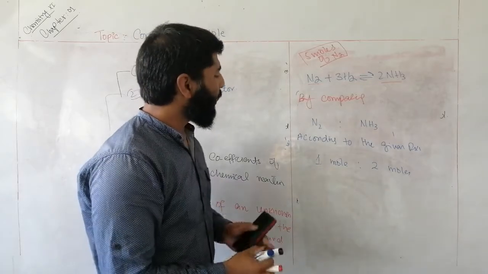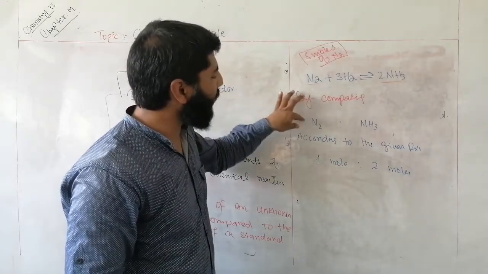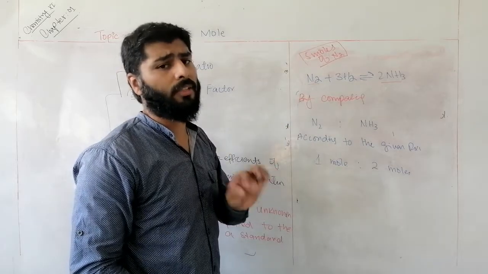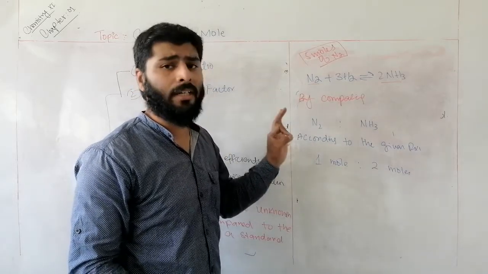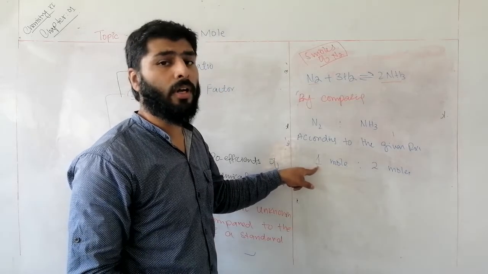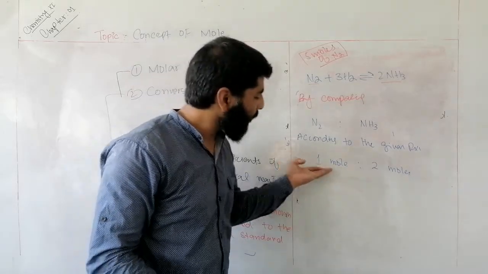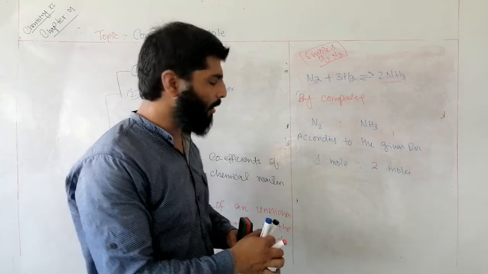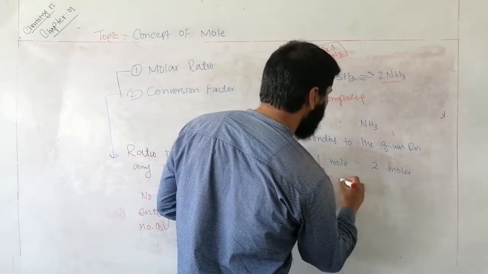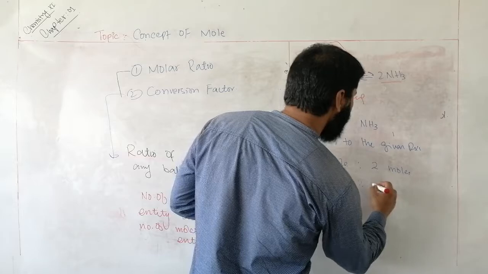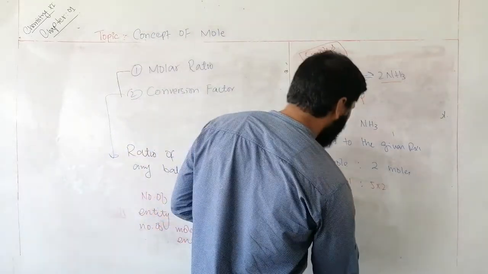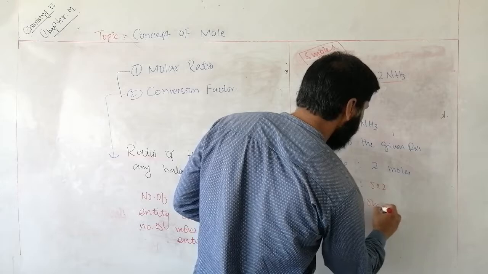The substance for which you have both values known will be referred to as the standard, and we have to find the unity value for the standard. It is already known, so you can simply put the value for 5 moles, 5 multiplied by 1 is equal to 5 multiplied by 2. So from 5 moles, there will be 10 moles.